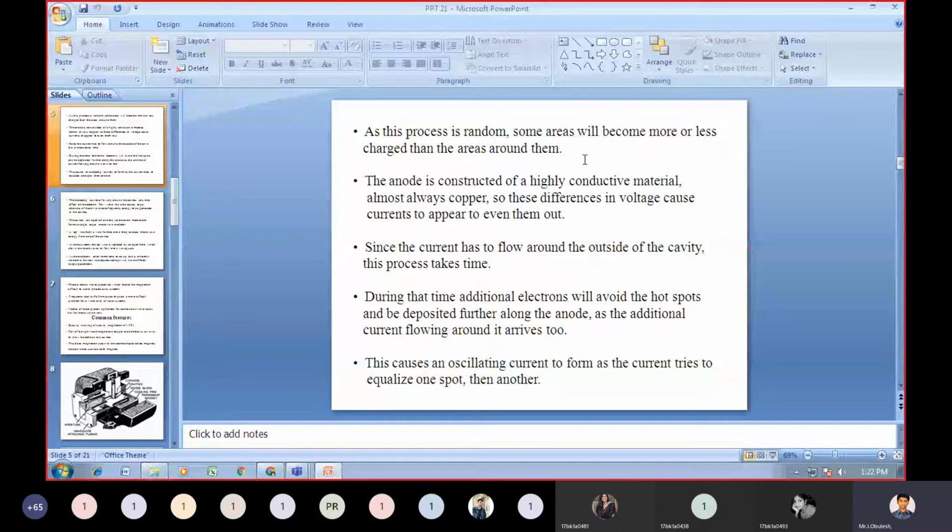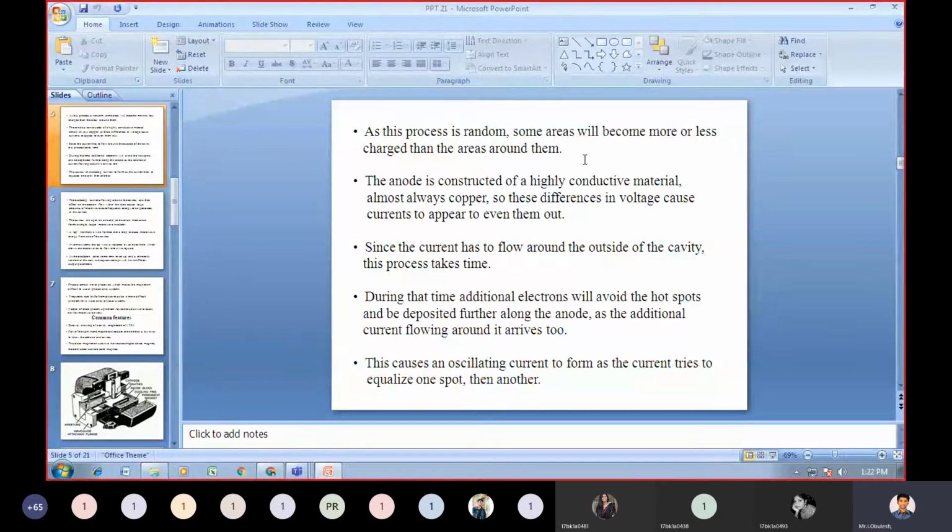Since the current has to flow around the outside of the cavity, this process takes time.